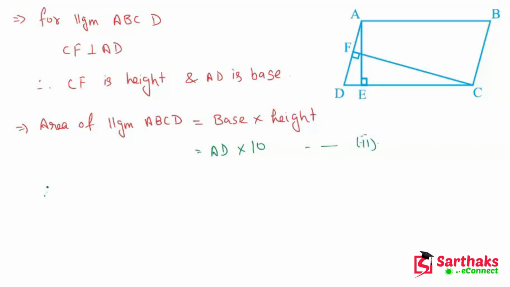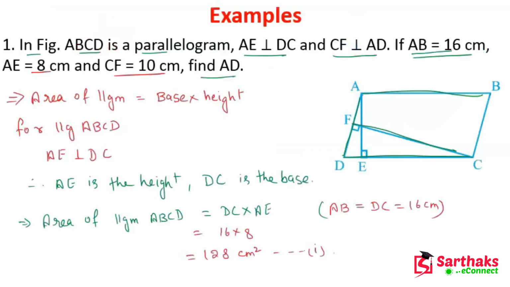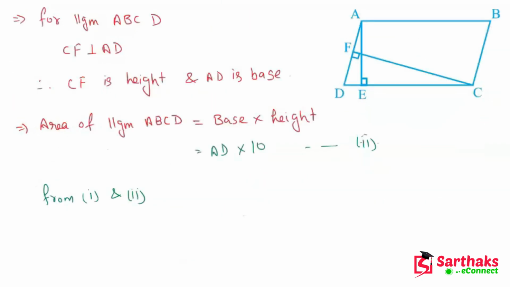So from 1 and 2, we know that the areas in these two conditions are equal. This is 128 centimeter square, so we can write 128 is equal to AD into 10.